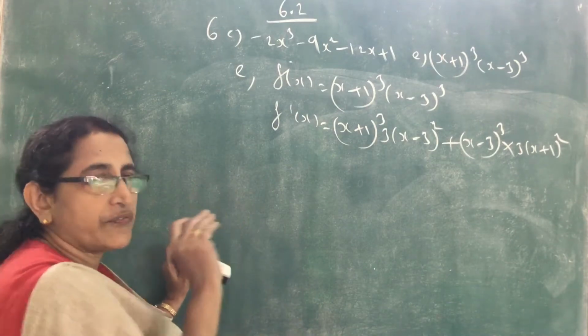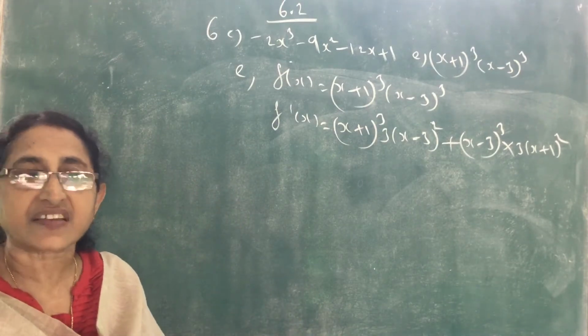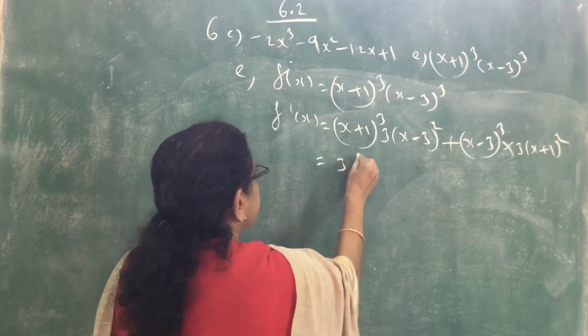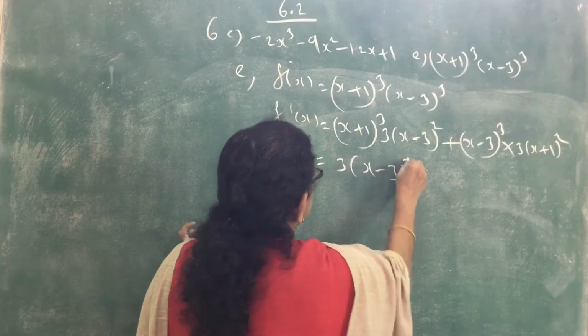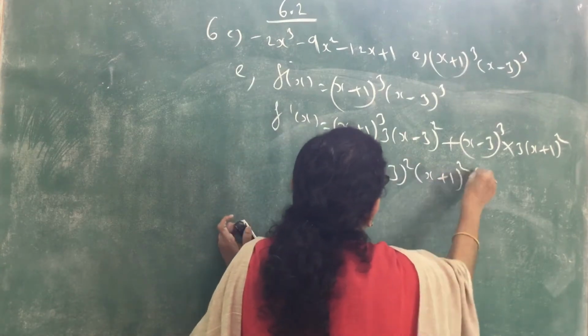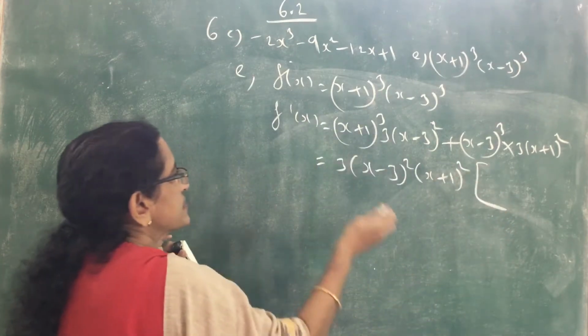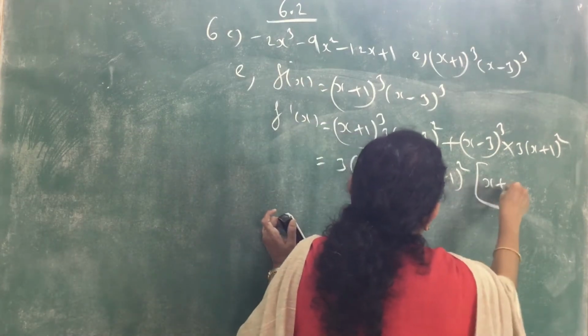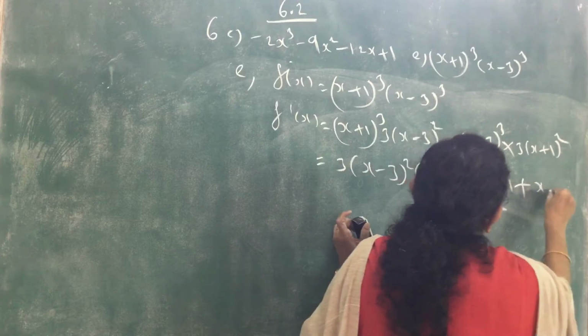Now we want to write in the factorized form. So take the common factor in these two terms. 3 into (x - 3)² into (x + 1)² is common in both the terms. So taking the common factor, we get here remaining only (x + 1) plus here remaining (x - 3).